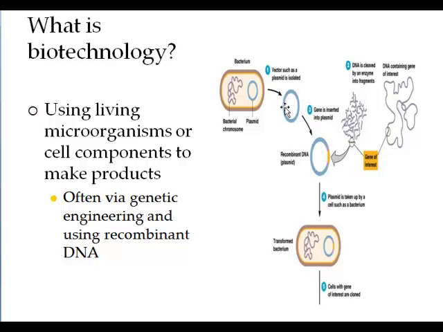Now the plasmid is circular, so before you can insert the gene, the plasmid actually has to be cut. That is done by enzymes called restriction enzymes. A restriction enzyme will cut, and then there's another kind of enzyme called a ligase.